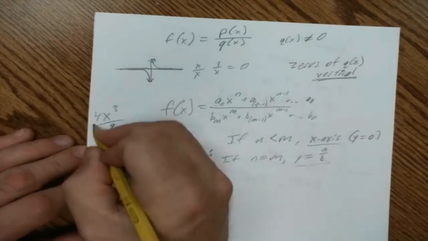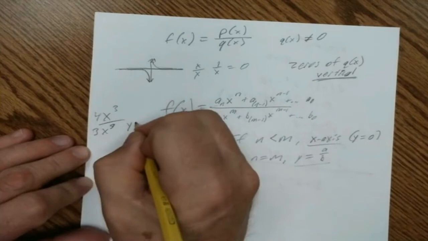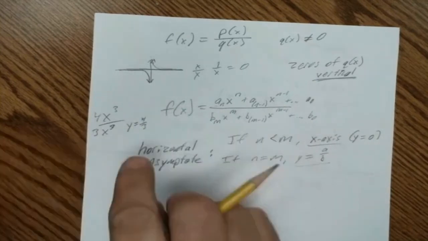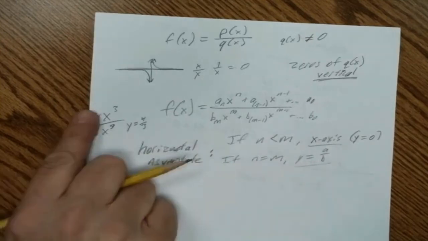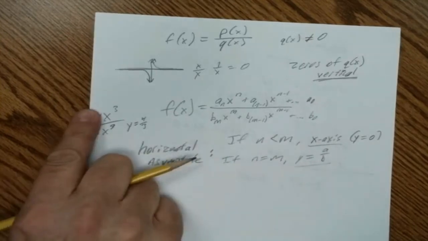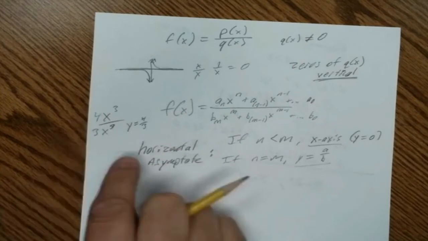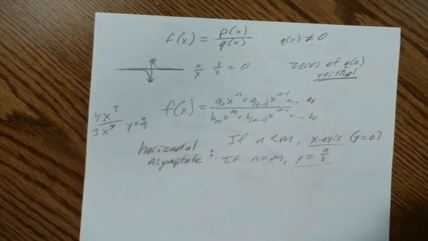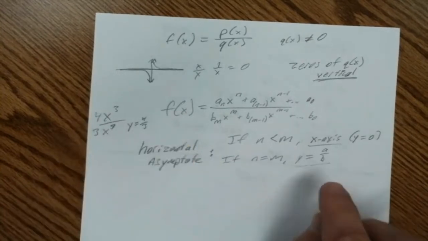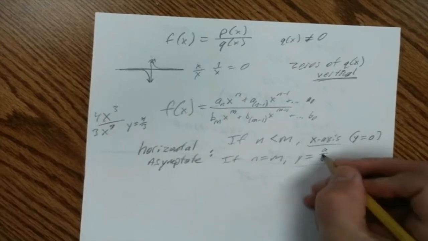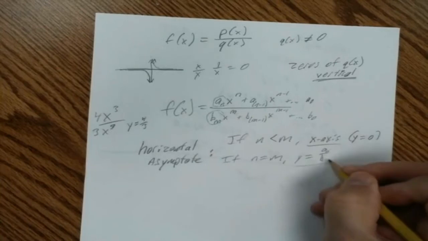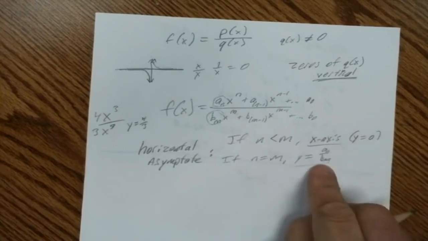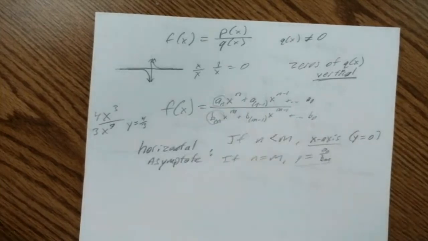Means, like on this, y equals 4/3, whatever they are, becomes that. If it's just no coefficients, then it's y equals 1, right? Because the coefficient's 1 over 1. So we just look at those coefficients, and that becomes the horizontal asymptote, a over b. I guess a of n over b of m, whatever that first coefficient is that goes with the largest power.